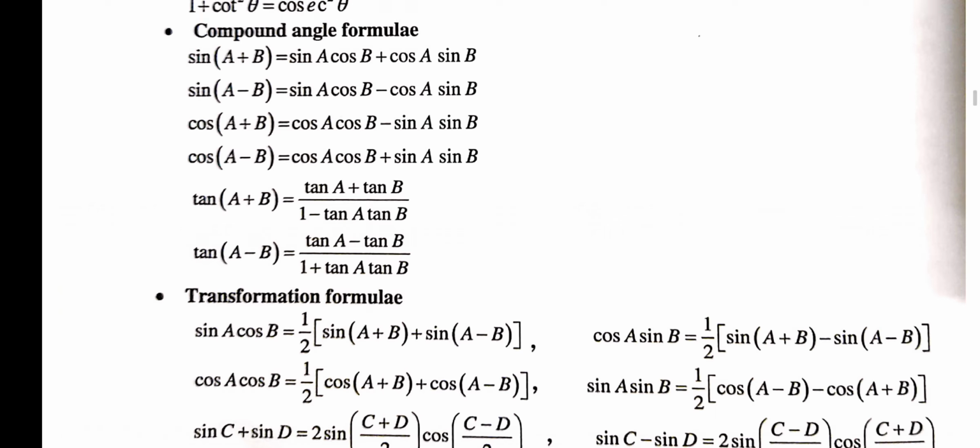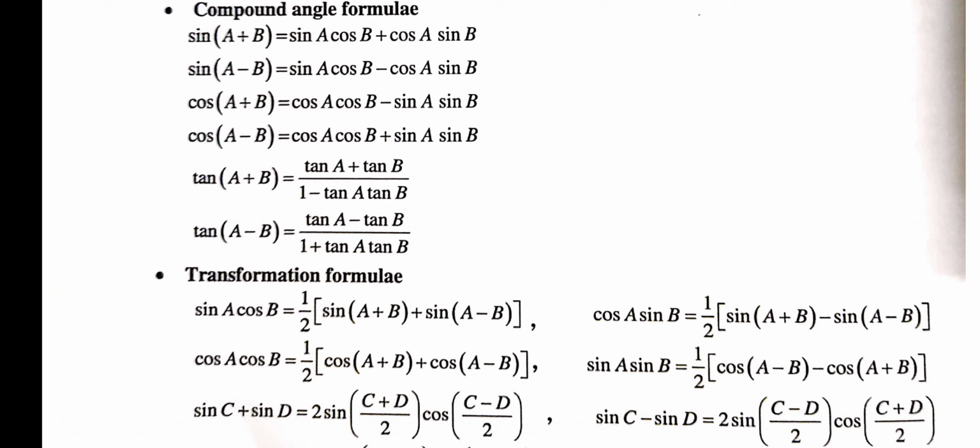Next, sin of a plus b and cos of a plus b. These formulas are applied in reverse in the transformation formula, such as sin of a plus b plus sin of a minus b. When you learn the formulas, you perfect the logic in the composition formula and transformation formula.